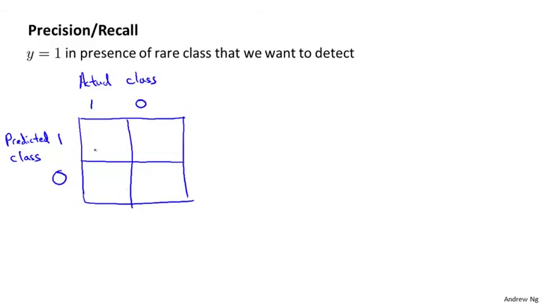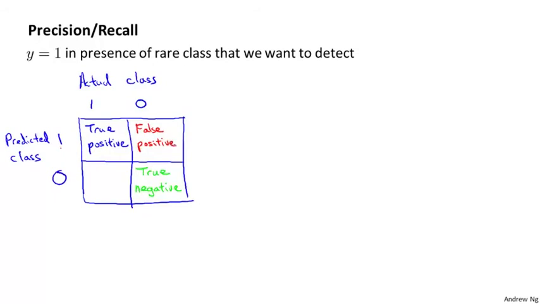If we have an example where the actual class is 1 and the predicted class is 1, then that's called a true positive, meaning our algorithm predicted that it's positive, and in reality the example is positive. If our learning algorithm predicted that something is negative, class 0, and the actual class is also class 0, then that's called a true negative. We predicted 0 and it actually is 0. To fill in the other two boxes, if our learning algorithm predicts that a class is 1, but the actual class is 0, then that's called a false positive.